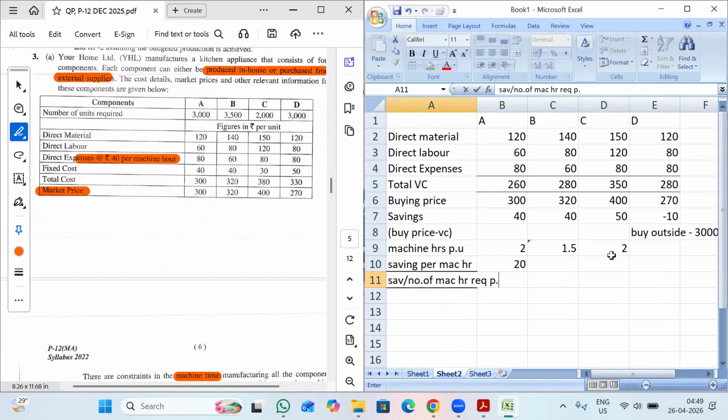Here 40 divided by 2 is 20, 40 divided by 1.5 is 26.67, whereas here it's 25. So now I'm going for ranking. Which one is having more savings will be given first rank, this second, and A third. So first, I want to spend all my machine hours in producing B.